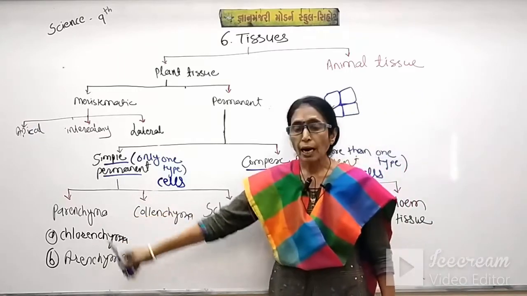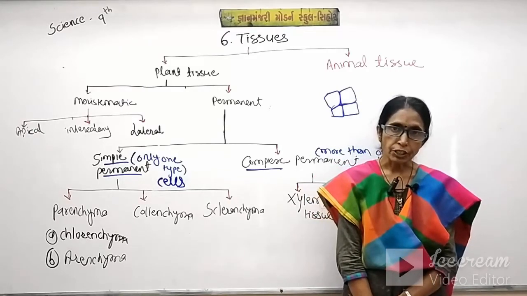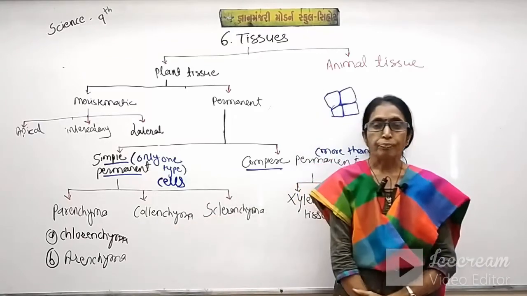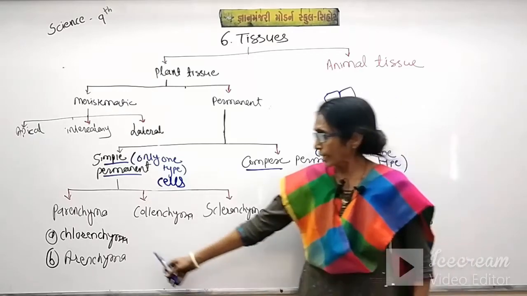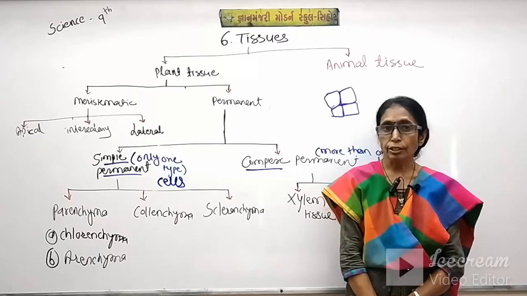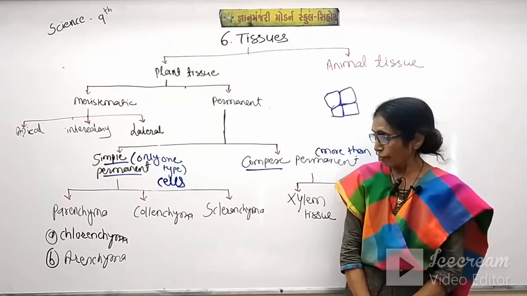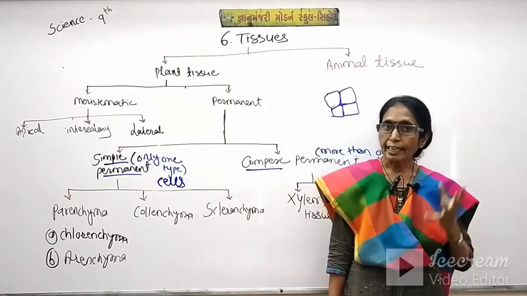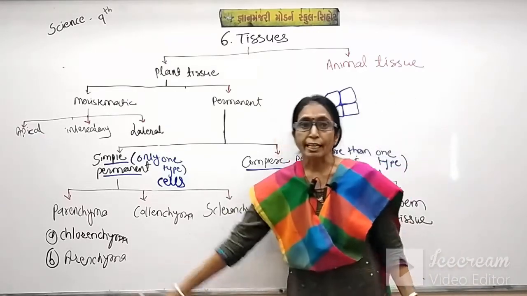So parenchyma are living tissues and they also provide mechanical strength. Now there are two subtypes of parenchyma. If the parenchyma possess chlorophyll, then they are called chlorenchyma and they are responsible for photosynthesis. And if the parenchyma possess air cavities inside them, then they are called aerenchyma.